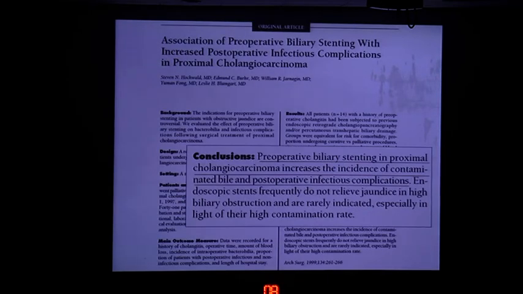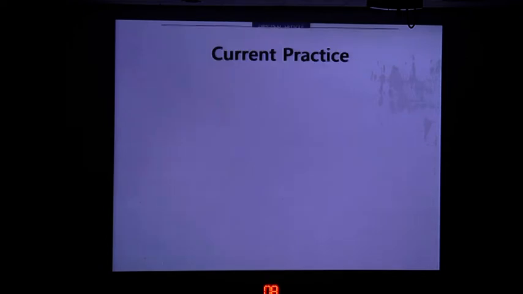So this is a paper from Memorial Sloan Kettering, 1999. For a long time, they insisted that PTBD is not good. So preoperative stenting is not good because of the infectious complications.